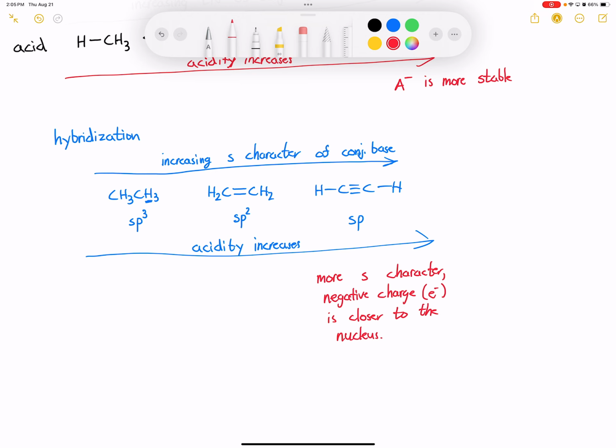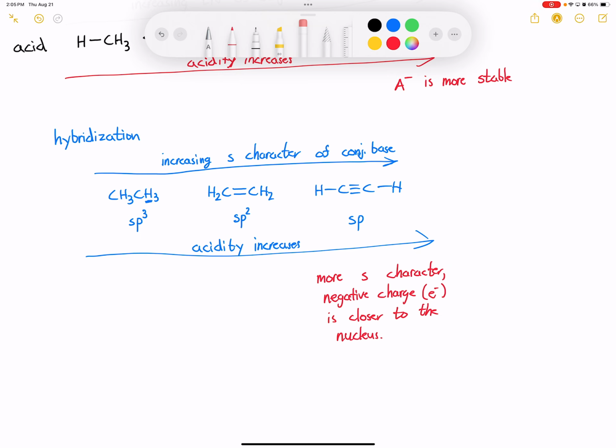So if you can recall how these orbitals look, things that are spherical in shape are typically closer to the nucleus than, say, p orbitals and d orbitals. That has to do with how the orbital looks, which is described by the wave function.